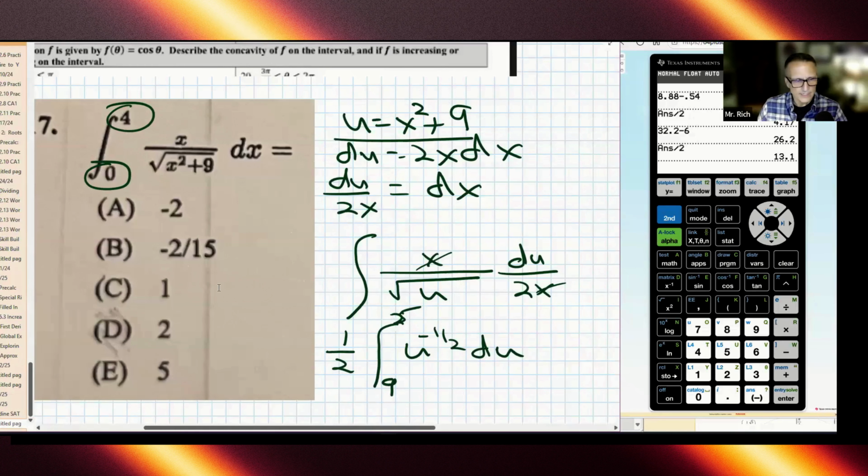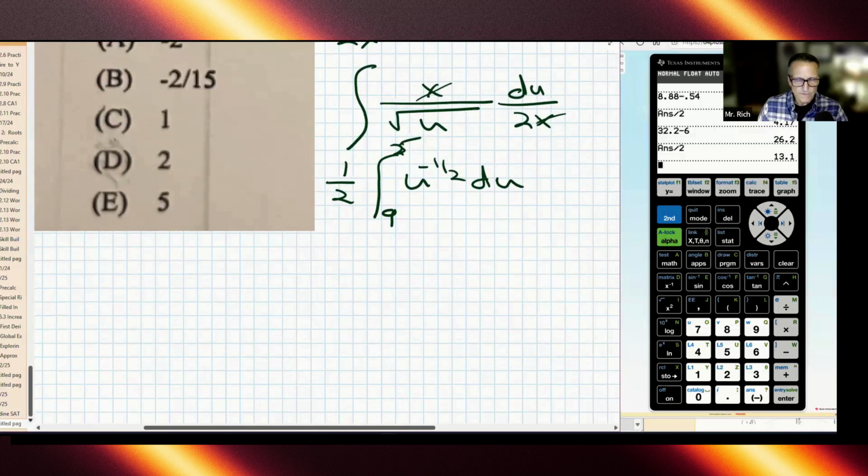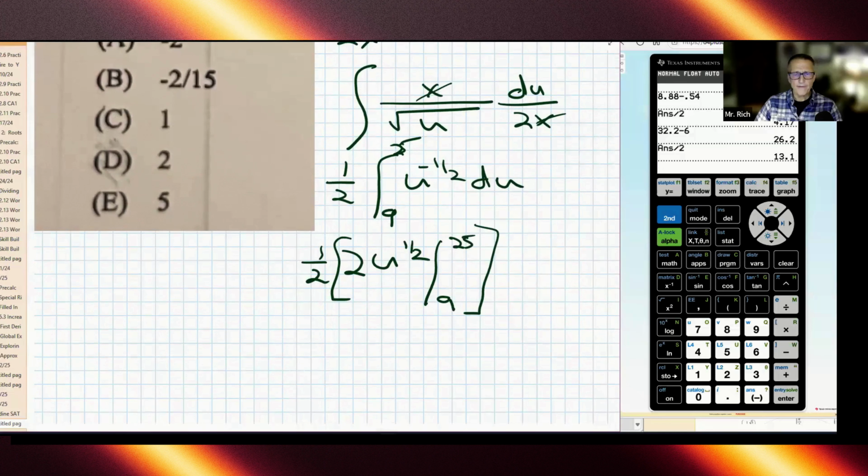We'll go ahead and take the antiderivative of u to the minus 1/2. I have this 1/2 sitting here. That would be u to the positive 1/2 divided by 1/2, or 2u to the 1/2, evaluated from 9 to 25. To make my life a little easier, I'm going to bring the 2 out to the front. 2 times 1/2 is 1.